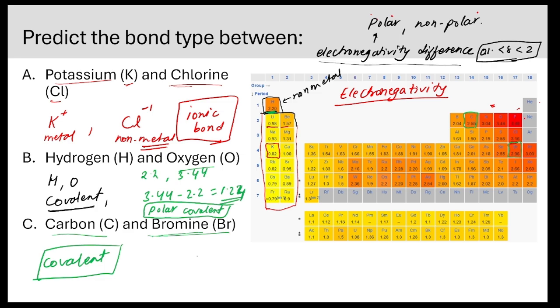If you look at the difference, electronegativity is 3.44 and 2.96, and the difference is 3.44 minus 2.96, which is 0.48, which is bigger than this number. So this is also a polar covalent bond.